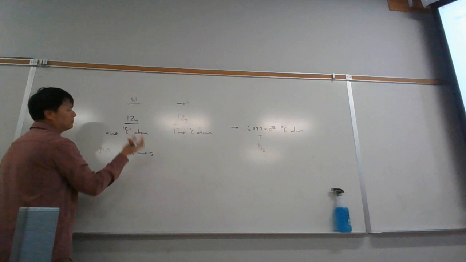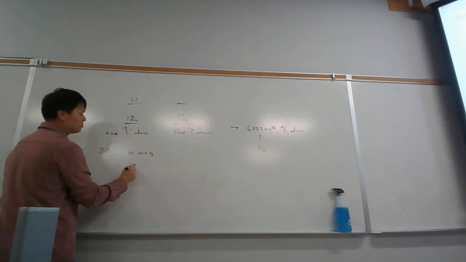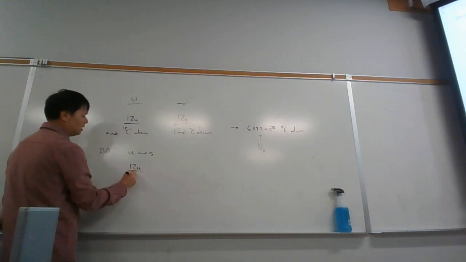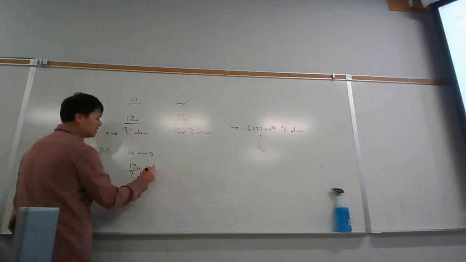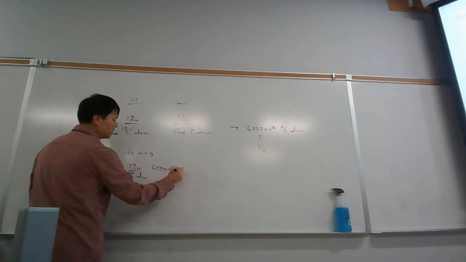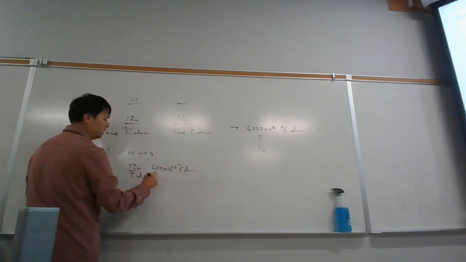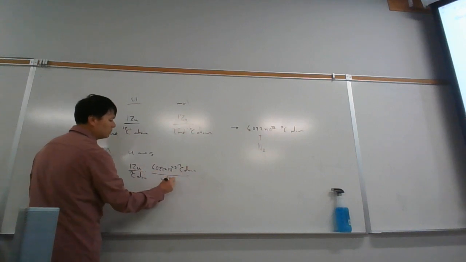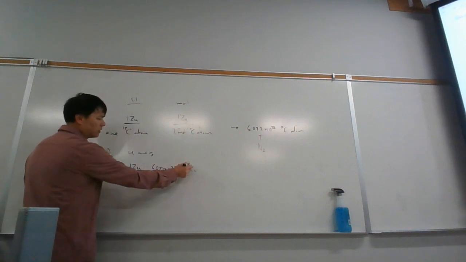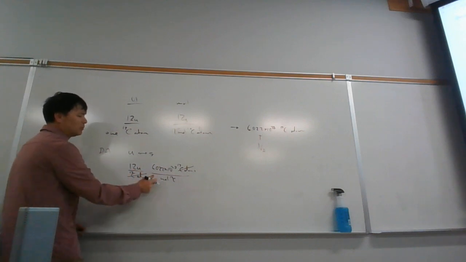And so this is not difficult to do because we start off with 12 U per carbon-12 atom. And then we know that there are 6.022 times 10 to the 23rd carbon-12 atoms in a mole of carbon-12. And so the carbon-12 atoms cancel, and then we just get rid of moles.